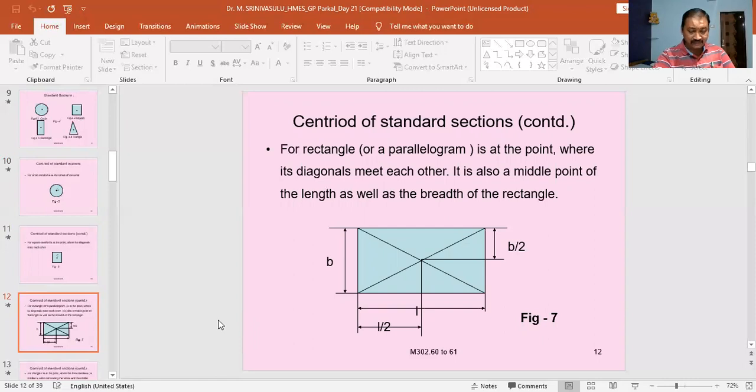For the rectangle also, it is the point of intersection of the diagonals. So that is B by 2 and L by 2.